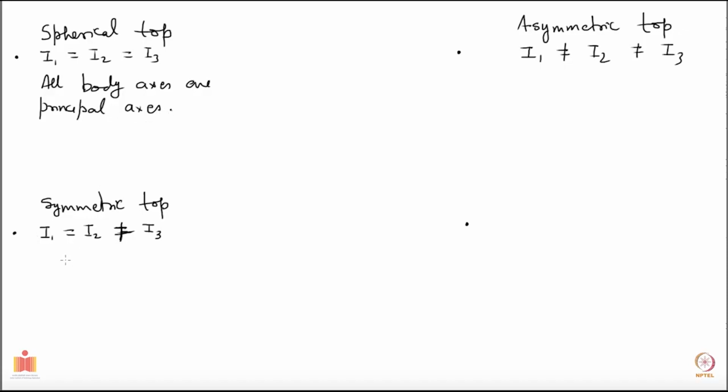Let's go here. Now how do I find my principal axis? Well, it's clear, we should choose one of the axes of the body to be along the direction of symmetry, which in this case is along the z-axis. Okay, and the other two, which will be perpendicular to this symmetry axis, can be taken any two of them.